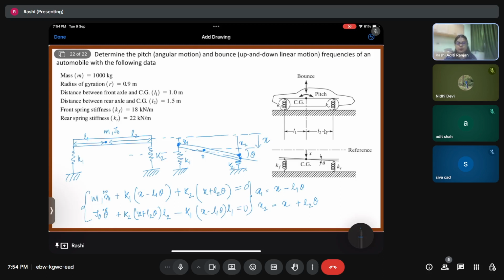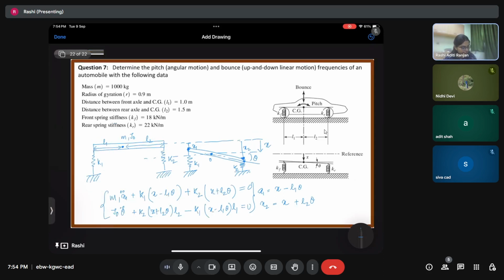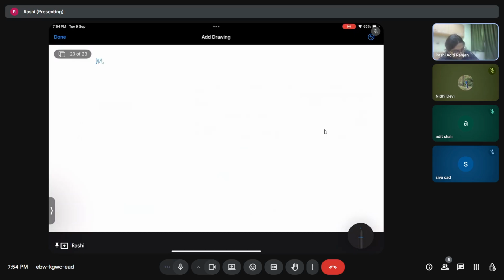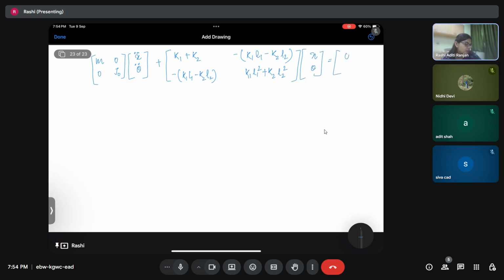These are the two equations. Again, we can write it in the matrix form, which will give us [m 0; 0 J theta] times [x double dot; theta double dot] plus [k1 plus k2, minus of k1 L1 minus k2 L2; minus of k1 L1 minus of k2 L2, k1 L1 square plus k2 L2 square] into [x; theta] is going to be [0; 0].